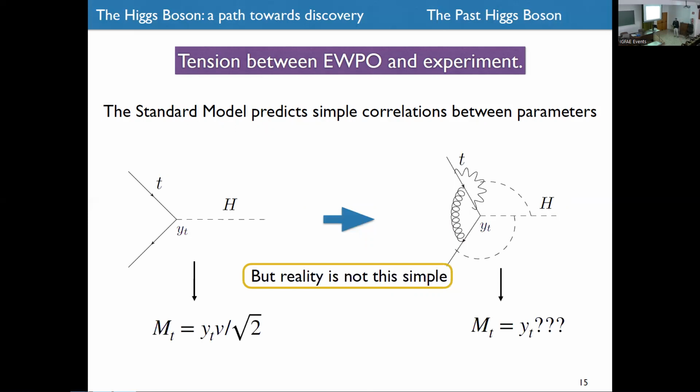So there are quantum corrections, and these quantum corrections spoil the simple relation that we had before. Well, there's still proportionality, so that's already something. However, it's not as easy as before. So this is a problem when you try to check your theory against the experiment, because you have to take into account all the quantum corrections at the precision at which your experiment is measuring these.